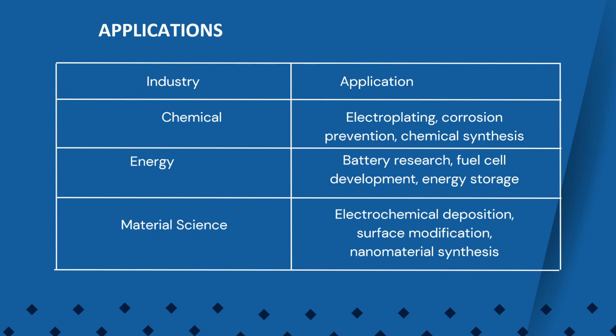And in the energy industry, for battery research, fuel cell development, and energy storage and all. And in the material science industry, potentiostat can be used for electrochemical deposition, surface modification, and nanomaterial synthesis.